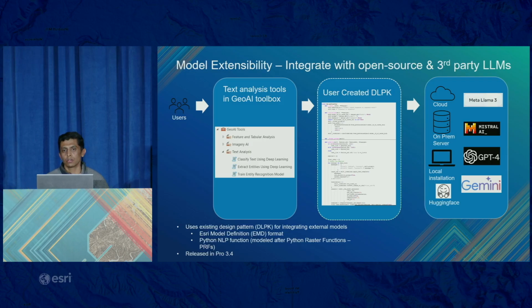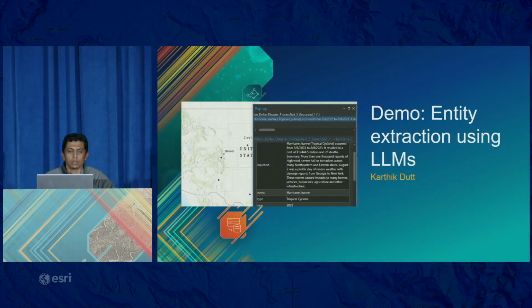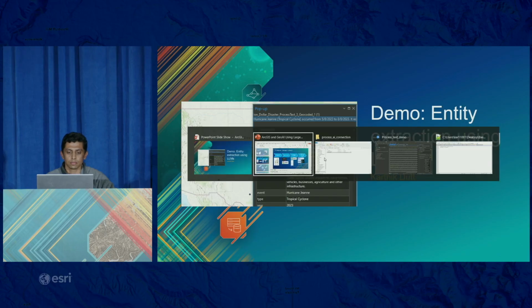Depending on what model you want to connect to, whether it is cloud or on-prem, whether it is a commercial model or an open source model, you can write your own DLPKs, connect to those models, perform the tasks you want, and get the results back into ArcGIS. In the demo we are going to talk about now, we'll see how you can create your own deep learning packages.